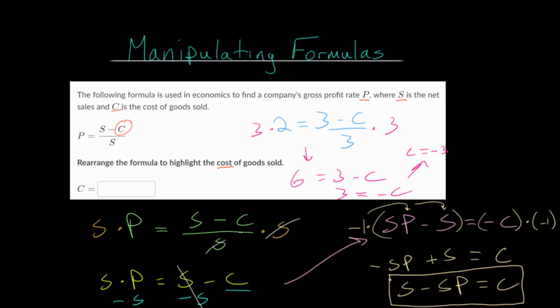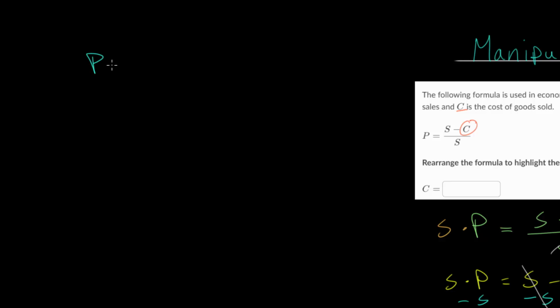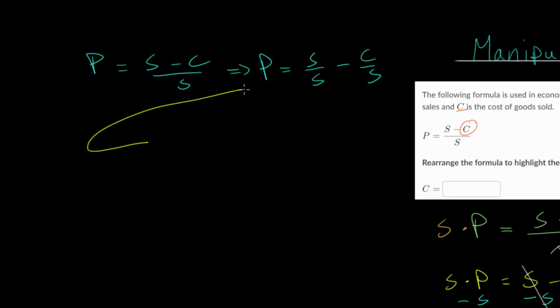Now, keep in mind, there are often multiple different approaches to rearranging a formula. For instance, we could rewrite the right-hand side in terms of two different fractions where we have a difference. We would still have P on the left, but we are dividing each of these terms by S. We could rewrite this as S over S minus C over S. This would simplify to P is equal to 1 minus C over S, since S over S is just 1.